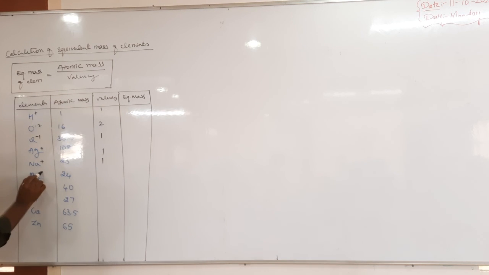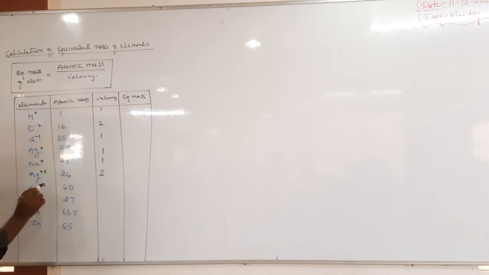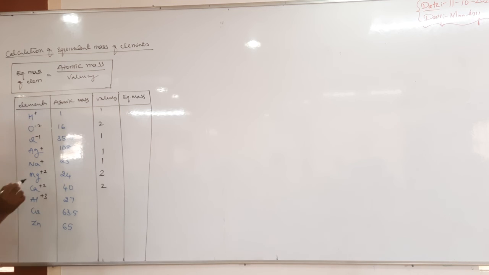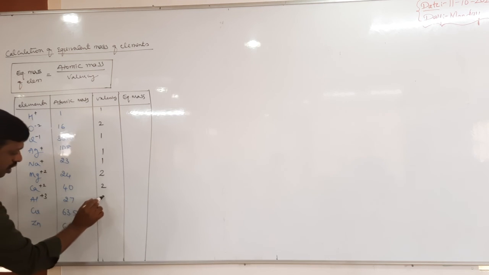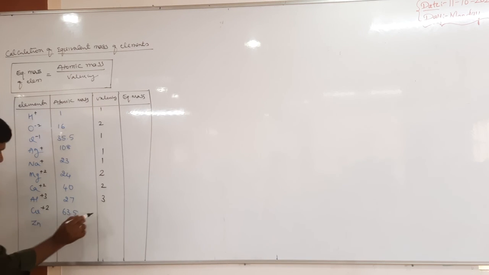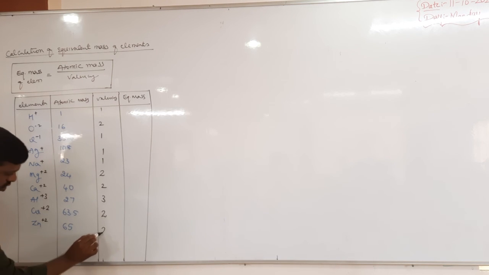Magnesium plus 2. Calcium plus 2. Aluminium plus 3. Copper has plus 2 and plus 1, let us take plus 2. Zinc is plus 2.